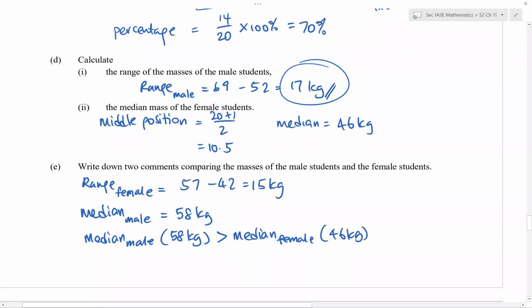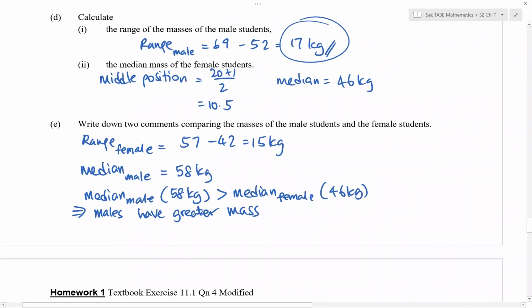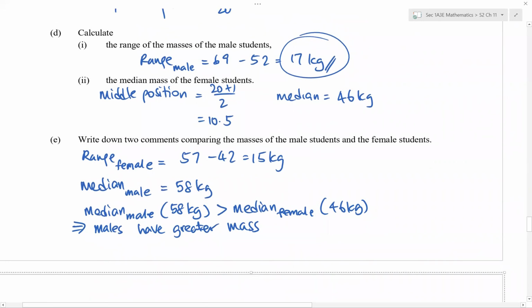So my conclusion is that males have greater mass. This is a general statement. We're not saying every male has a greater mass than every female. It's just a general statement to say that males generally have a greater mass than females.